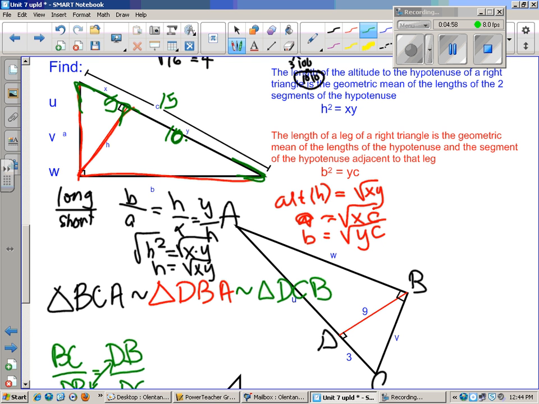The square root of 5 times 15. The length of B would be the square root of 10 times 15, and H would be the square root of 5 times 10. Okay? Because C doesn't make an angle with H, right? It doesn't stop at H. It keeps going.